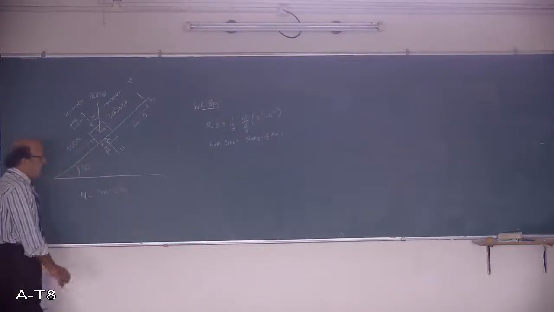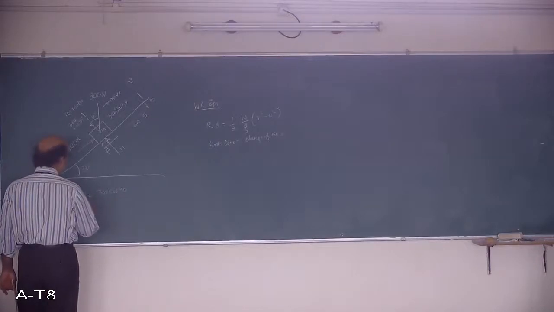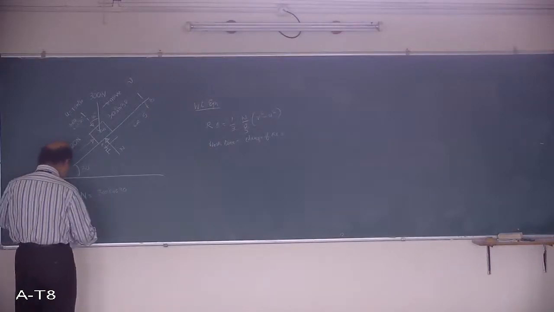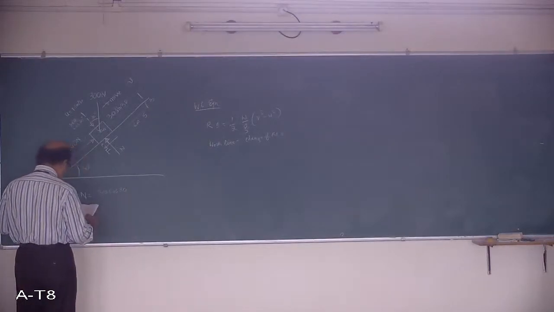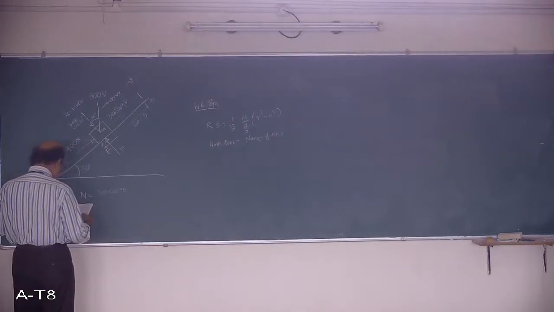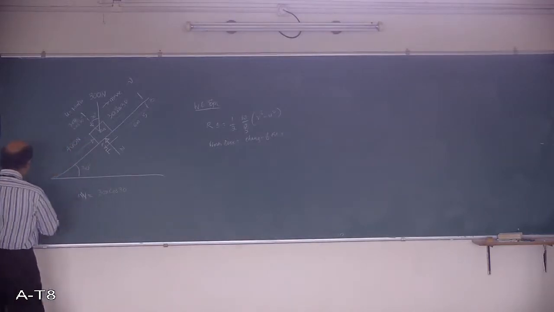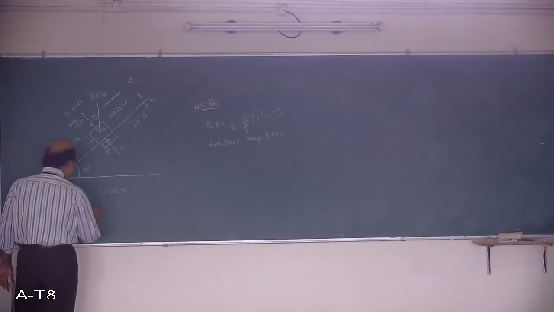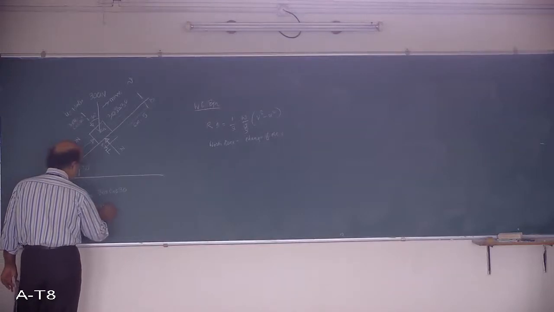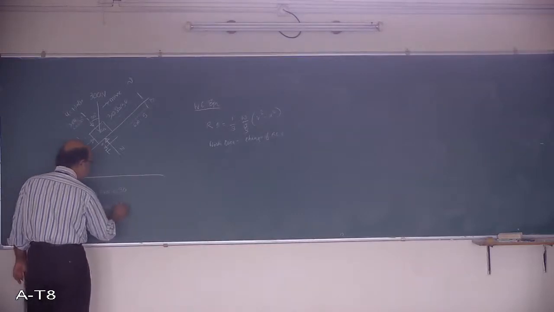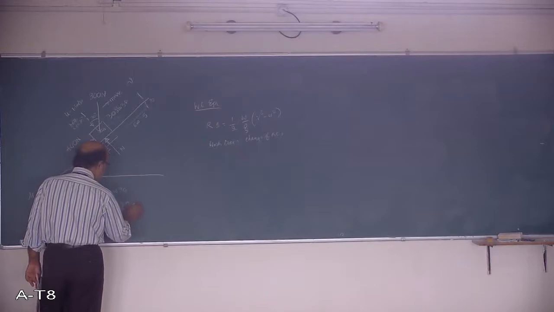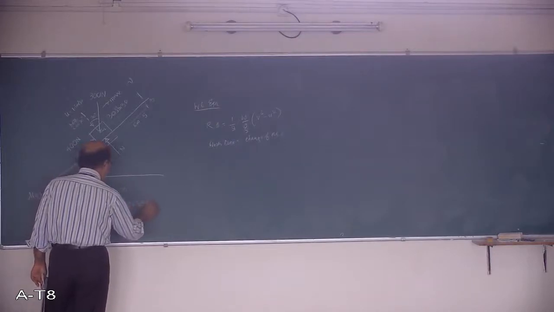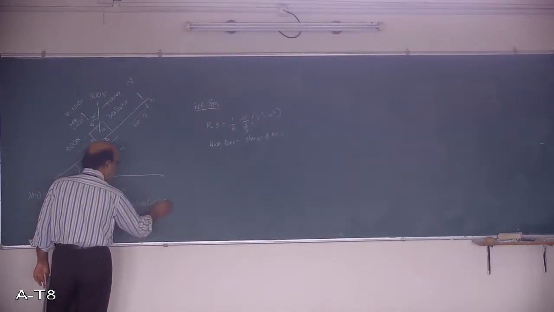And F is equal to mu into N. Mu between these planes is given, 0.2, the coefficient of friction. So F is equal to 0.2 into 300 cos 30.